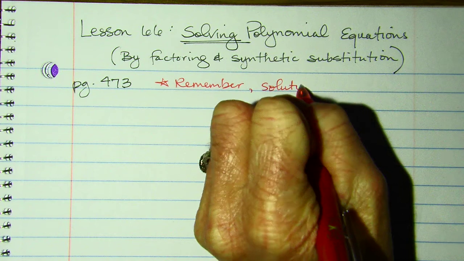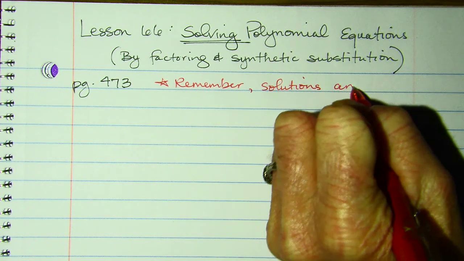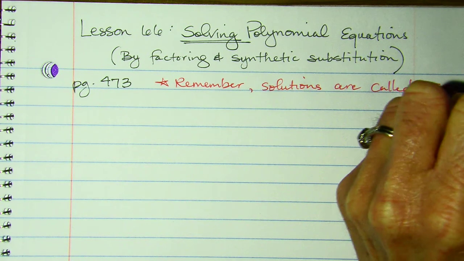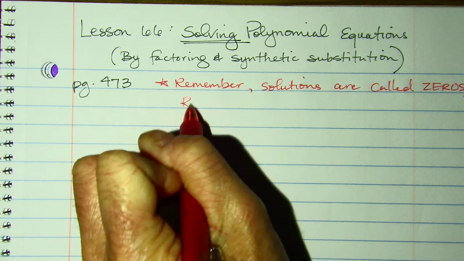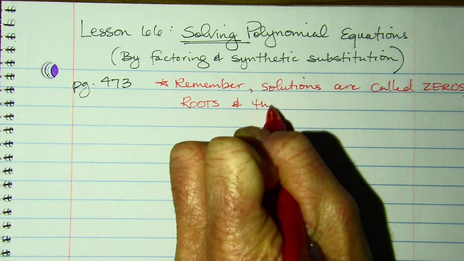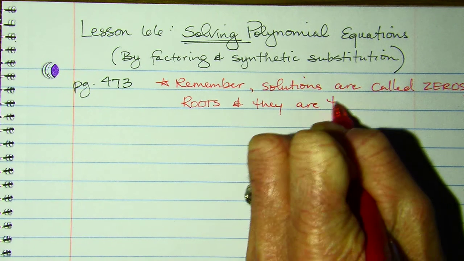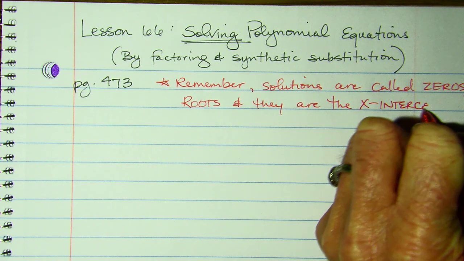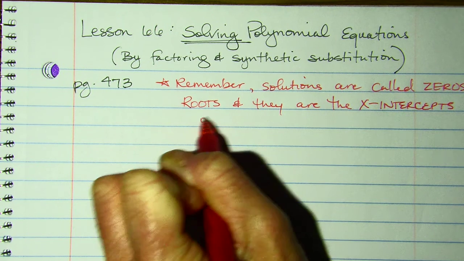Now remember, solutions are called zeros, roots, and they are the x-intercepts of the graph.